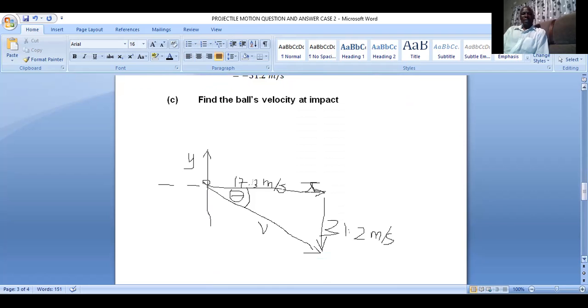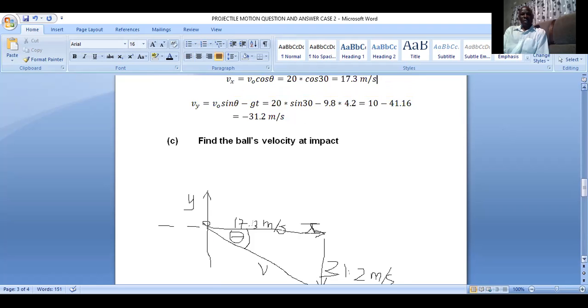So number C, we find the velocity at impact. Using the same velocities we have been given, you can draw a diagram showing that the 17.3 meters per second is a vector in the positive x-axis, and the other component in the y-axis is negative.